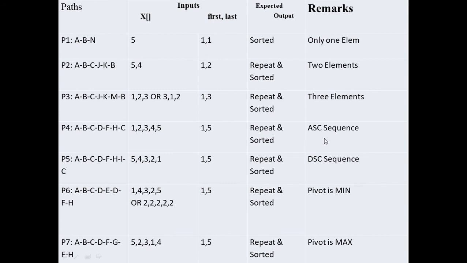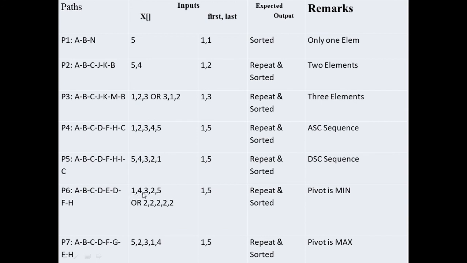Next is, it is already in the ascending order. So we need to repeat the sort, and finally it will be in the sorted order. Next is descending order elements. So we are trying with all possible cases. So again, for this, apply the sorting logic and then get it sorted. Next, pivot is the minimum. Now, the minimum value is taken as the pivot element. Again, the same thing.